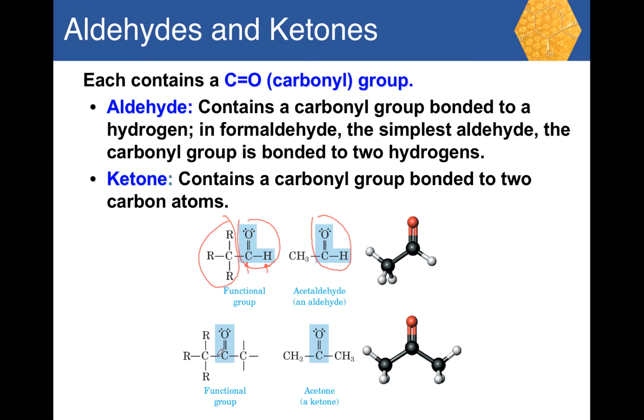A ketone, on the other hand, has two alkyl groups bonded to the carbon of the carbonyl, or the carbon-oxygen double bond. No hydrogen is bonded directly to the carbon. So this is a ketone. Here's an example of a ketone, and as you know, this is acetone, a common organic solvent. So these two molecules are different. This molecule is different from this molecule because this is an aldehyde and this is a ketone.